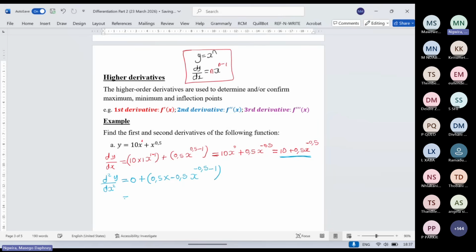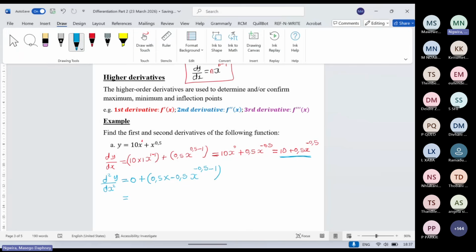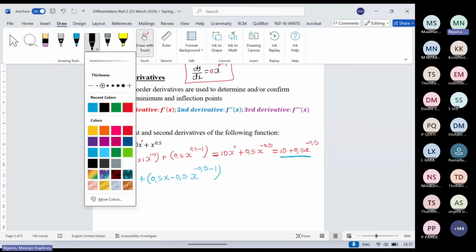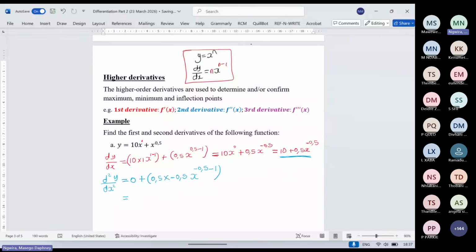And then now we answer. We said with these rules, there are two rules. If I have a constant, let me write it so that you can understand again. If your y is equal to a number, maybe let's say k, then x to the power of n. When you derive it, it's going to be dy over dx is equal to k times n.